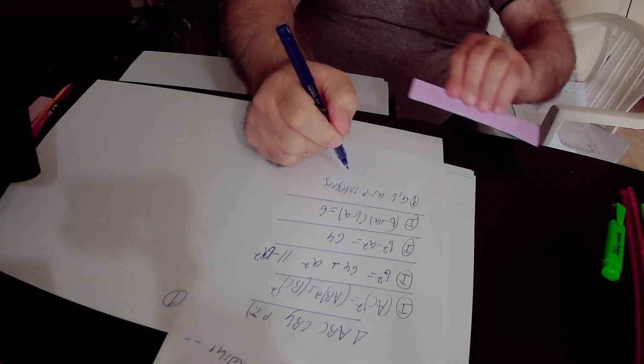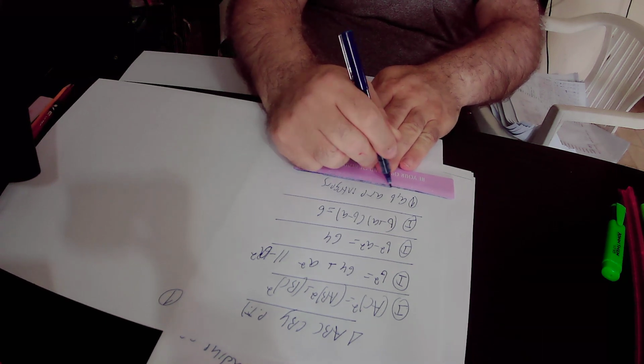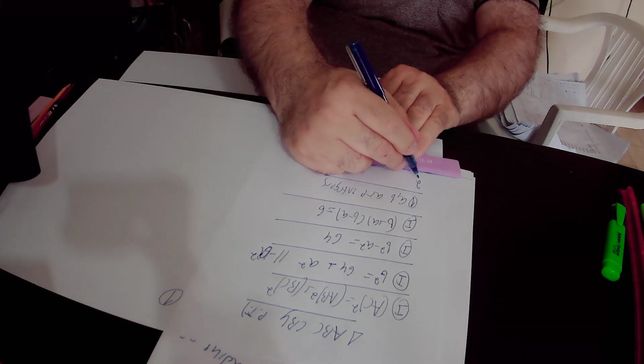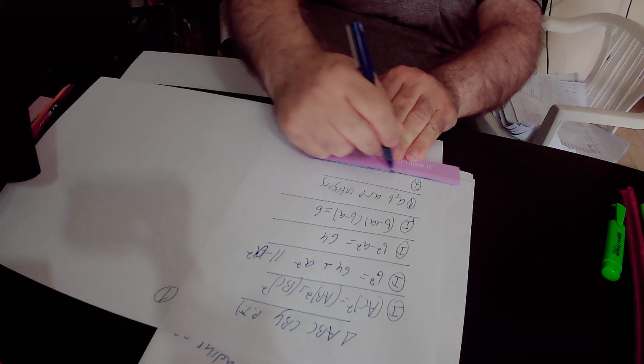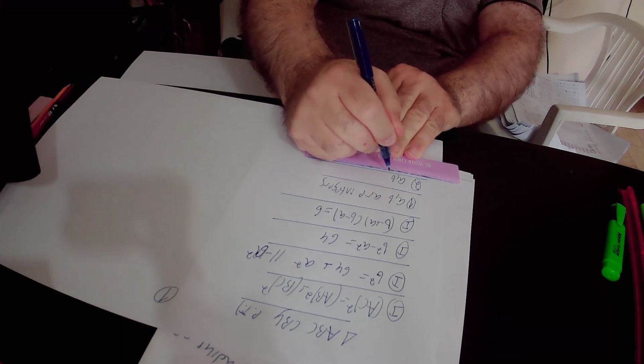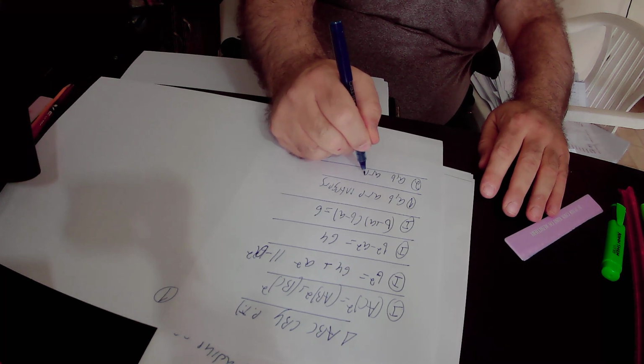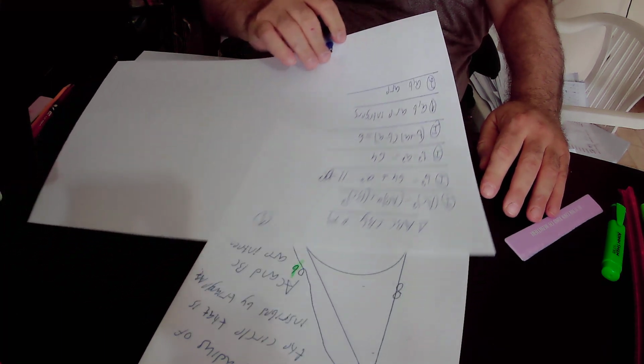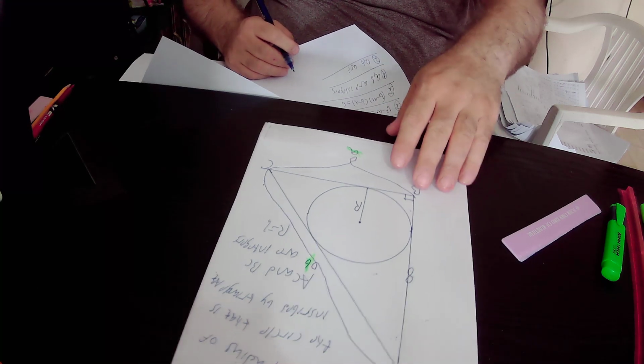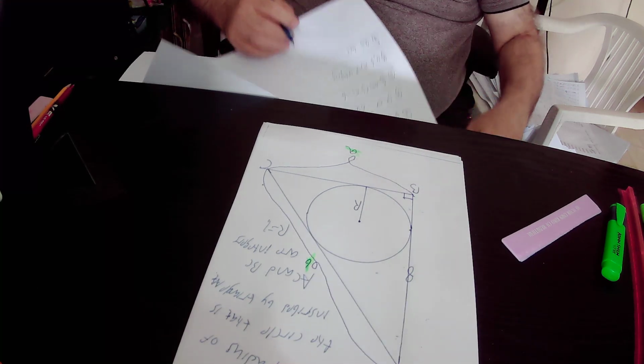And in addition, we also know that A and B are the lengths of the sides of the right triangle, triangle ABC.